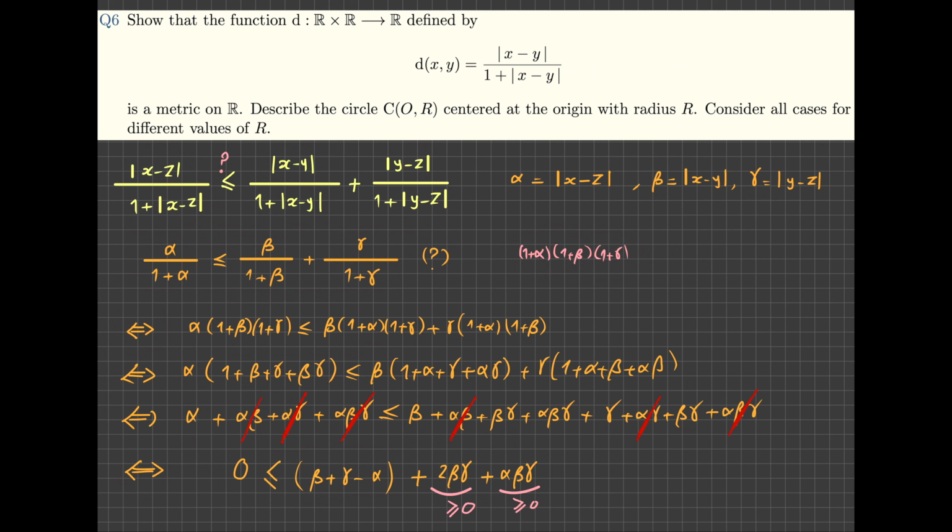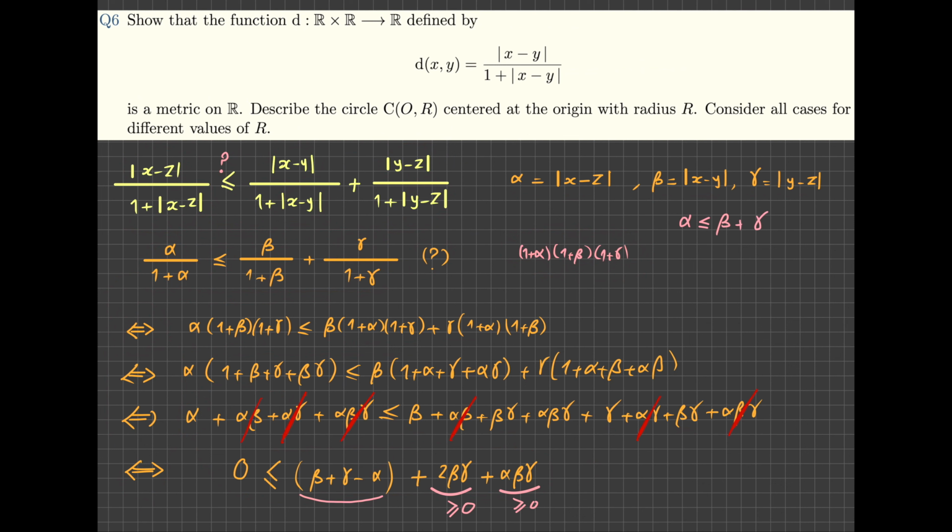But this part is not that trivial as the other two cases, but still that is true. Why? Because again, in the lectures we showed that this number is less than or equal to the sum of these two numbers. So we know from the lecture that alpha is less than or equal to beta plus gamma.